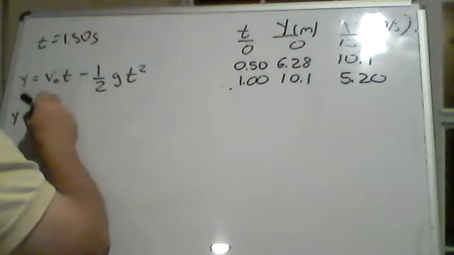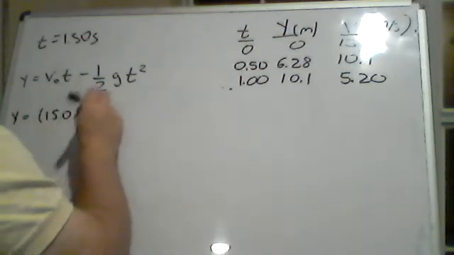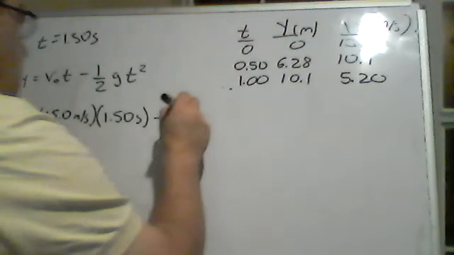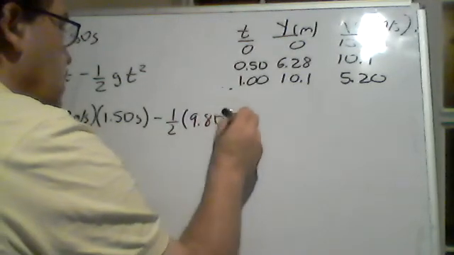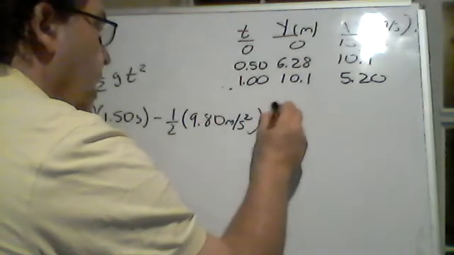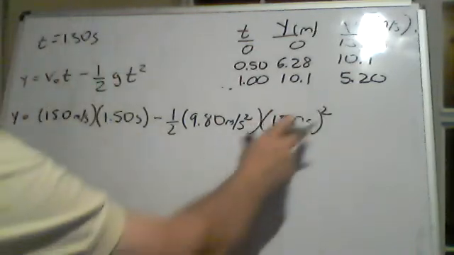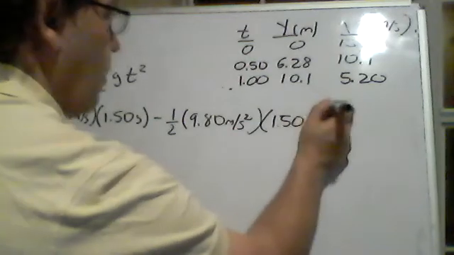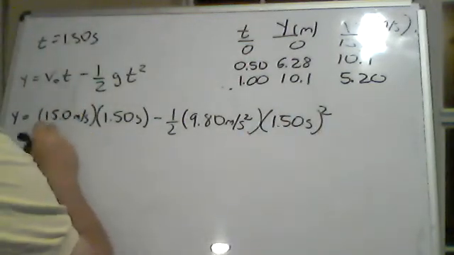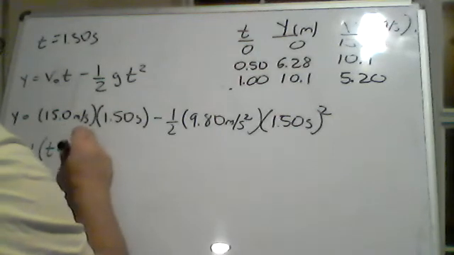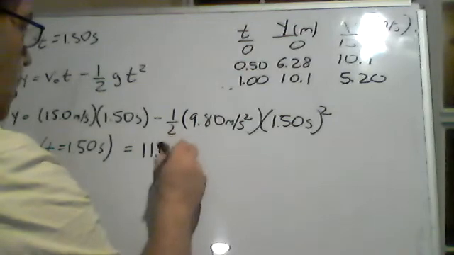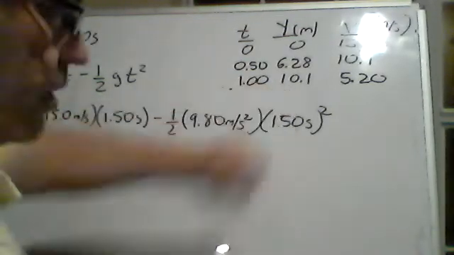Again, the initial velocity is 15 meters per second times 1.50 seconds minus 1/2 times 9.80 meters per second squared times 1.50 seconds quantity squared. Again, be careful here. You've got to square this, multiply by 9.8, multiply by 1/2, and make sure it's negative. If I do that, I find that y at t equals 1.50 seconds is 11.48 meters. Again, I'm not climbing anywhere near as fast.